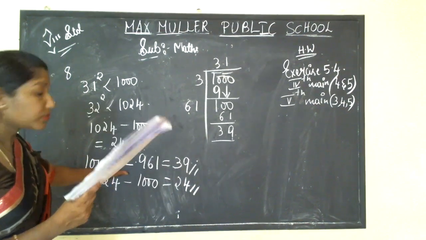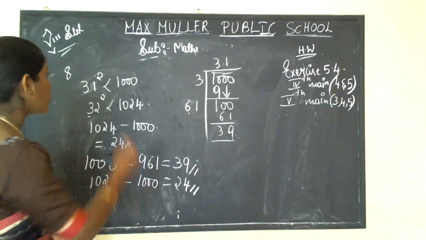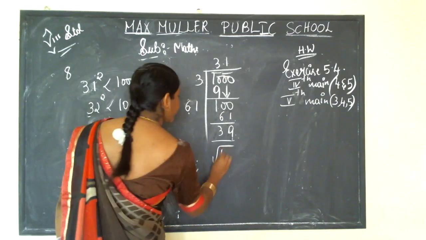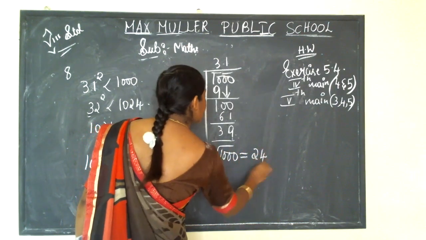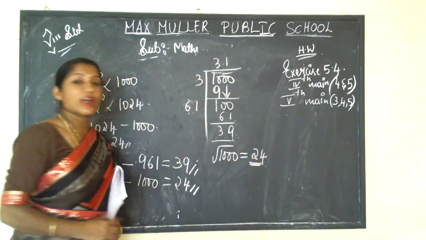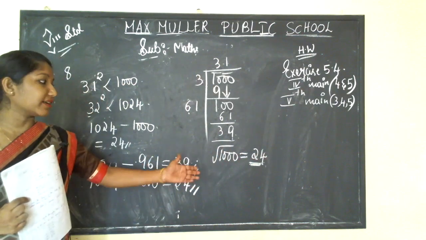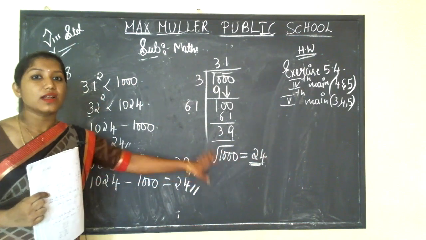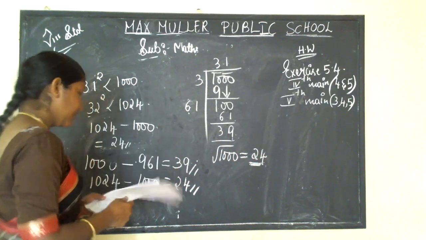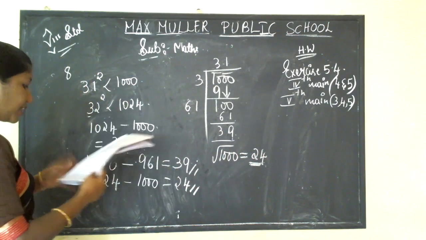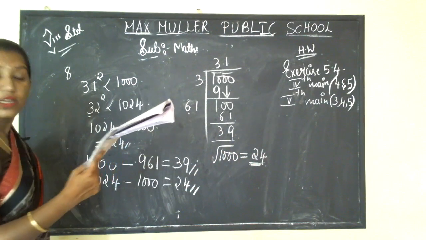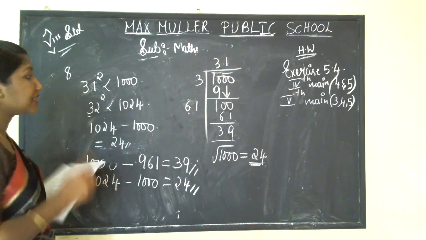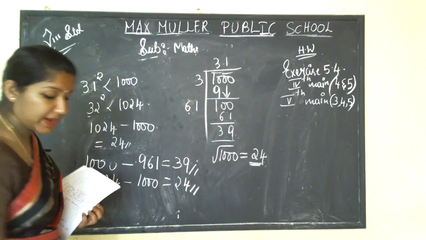The number of plants he needs more for this is 24. So the square root of 1000, the nearer value you found, that is 24 plants, the gardener needs. The minimum number of plants he needs more is 24.